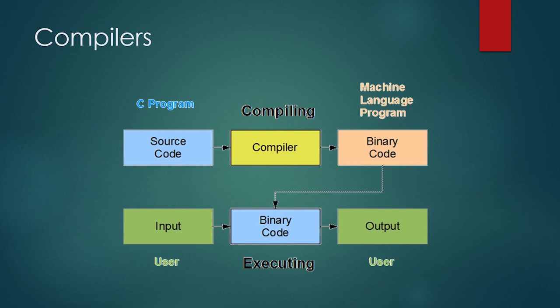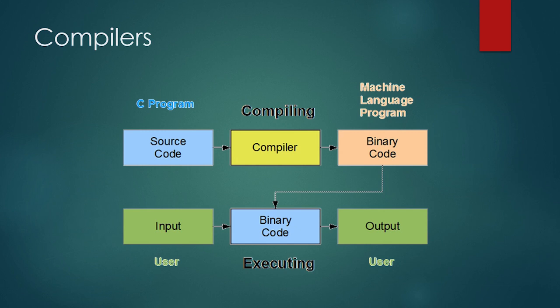So let's take a look at the entire process of compilation. You start out with source code over here, and that's what your program is written in. You run that through your compiler, and that takes your source code and changes it into the binary code of the machine language itself.